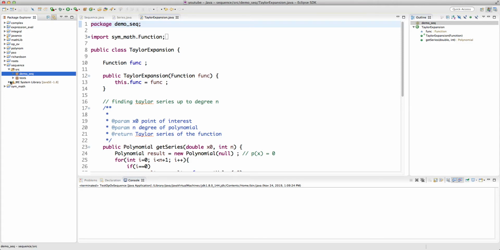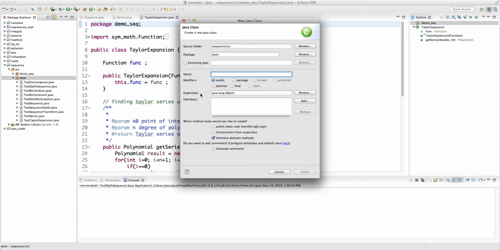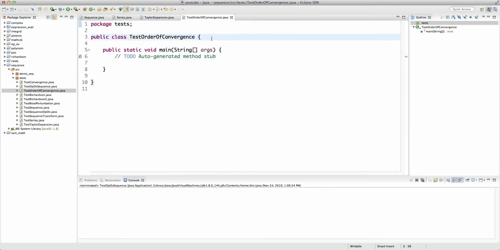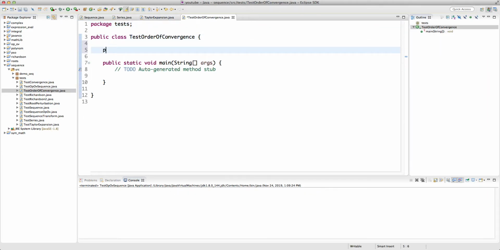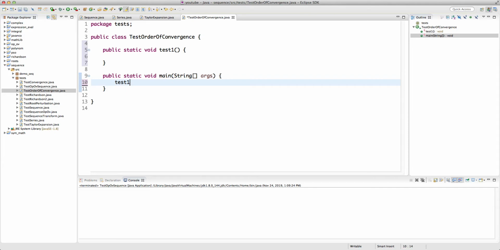And now in the tests, let's create a new class, TestOrderOfConvergence, with a main method. Here I'm going to create a method, public static void test1, and invoke test1 in main.